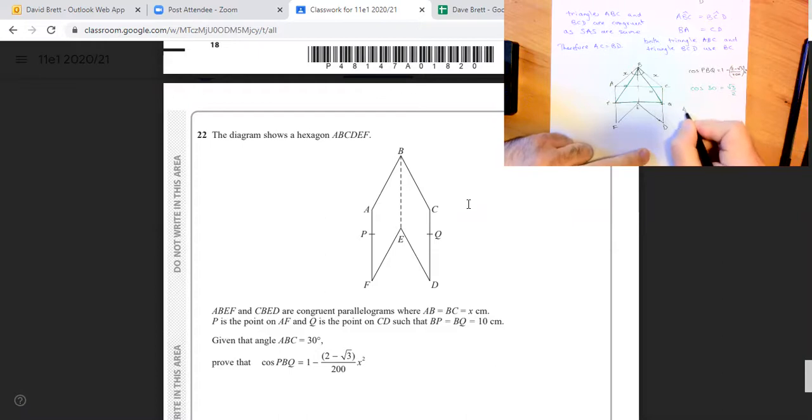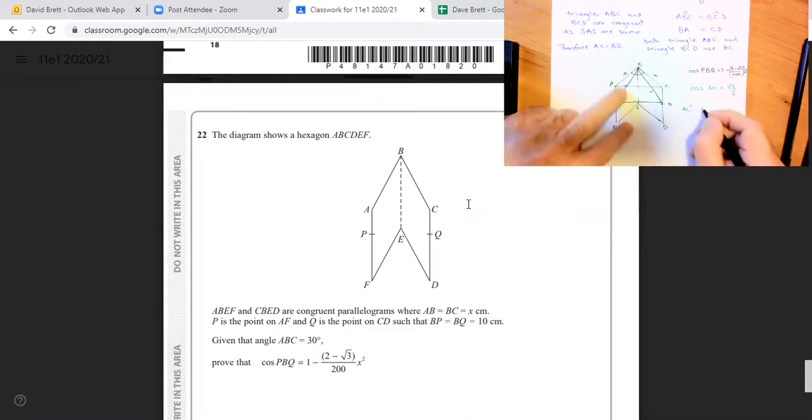So AC squared will equal x squared plus x squared minus 2 times x times x times cos of 30.